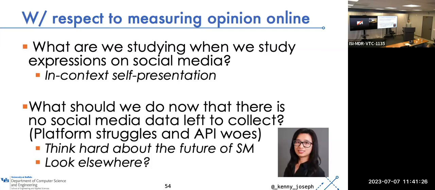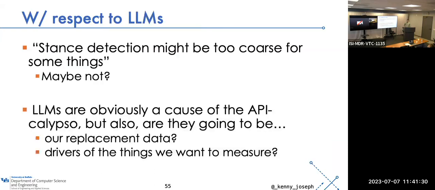Do we start to look elsewhere, right? One of the places we might start to look is in these conversations with these large language models. I think these models are obviously a cause of why we don't have APIs anymore, at least certain APIs.